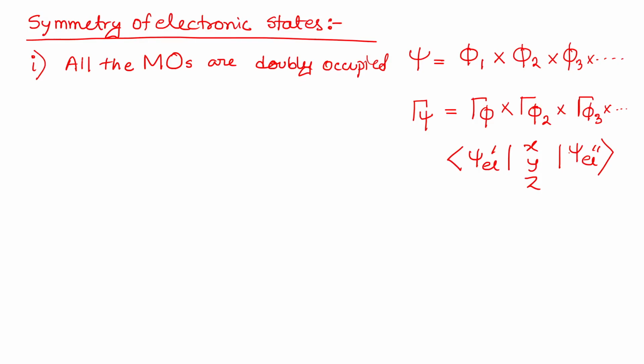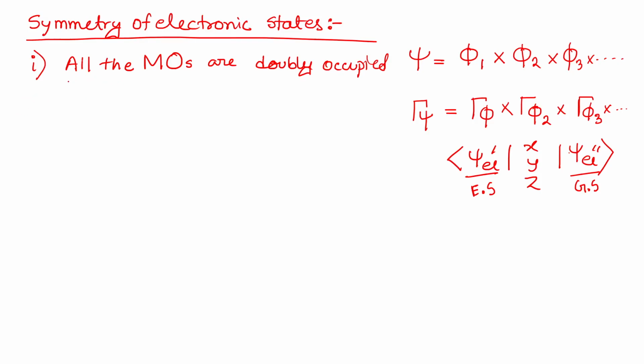Suppose all the MOs are doubly occupied. This is the state in the ground state, and this is the excited state, right? So the transition will be allowed when this triple product of the integrand is symmetric.